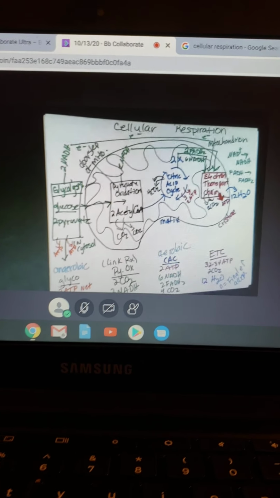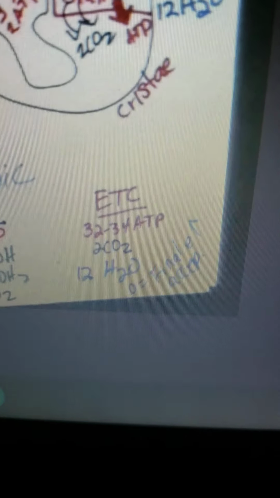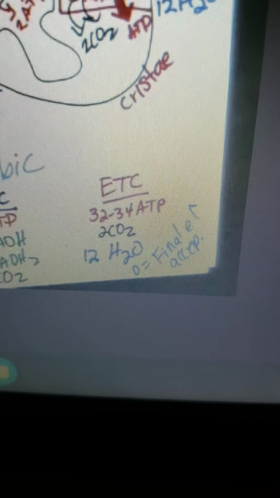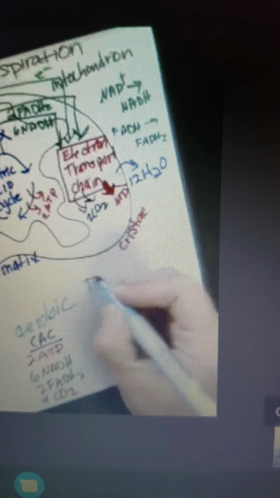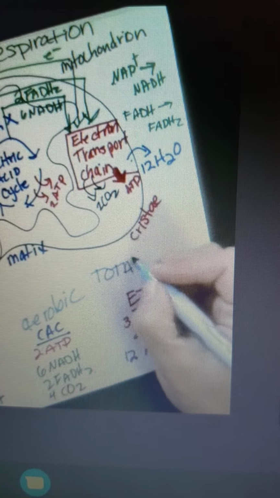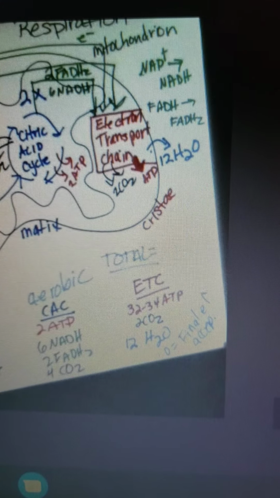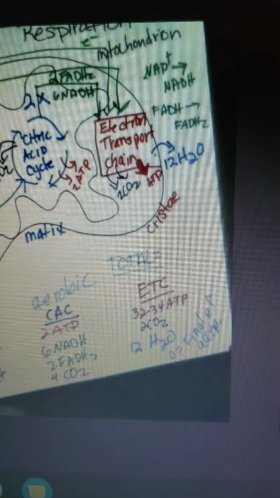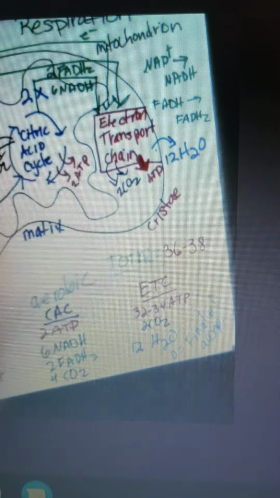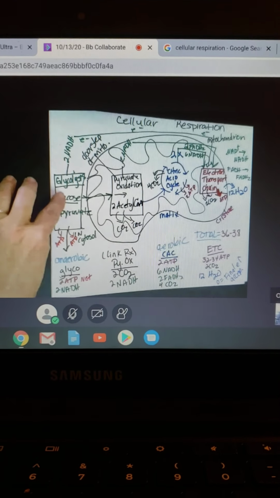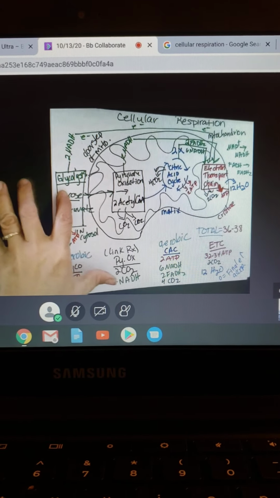So how many total ATP have I made here? The whole process. 36 to 38, okay? So we are taking glucose here in the beginning. And what is this first step doing?